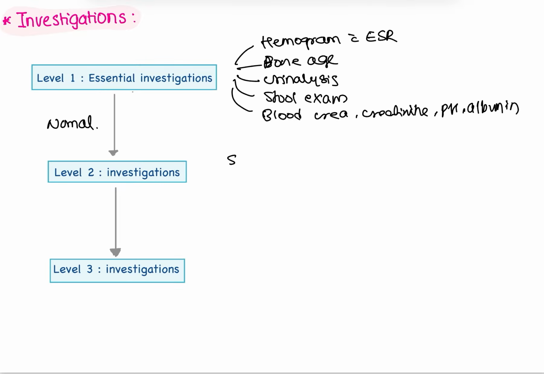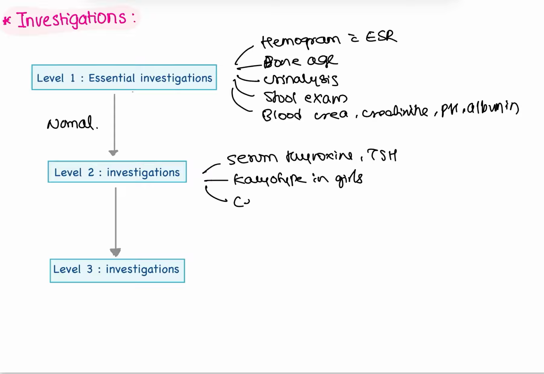They are serum thyroxine, serum TSH, then karyotype in girls to rule out Turner syndrome, and celiac serology. If they are normal, we have to proceed to level 3 investigations.